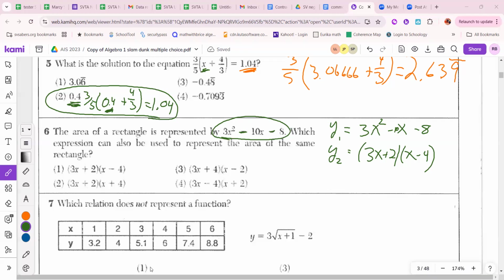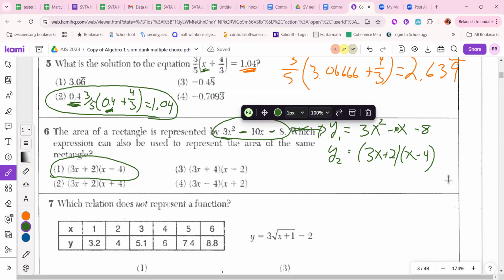You can double confirm by going to Y equals and seeing that Y2 is the answer, 3x plus 2 and x minus 4, and we see that they match up. So to summarize, you put them all into Y equals, you check the table on your calculator to see which table column matches the original question. And that will be our answer choice.